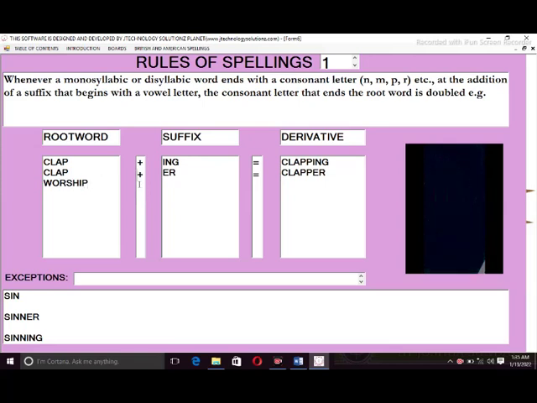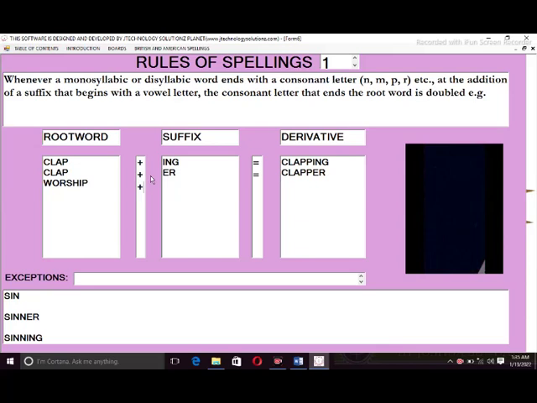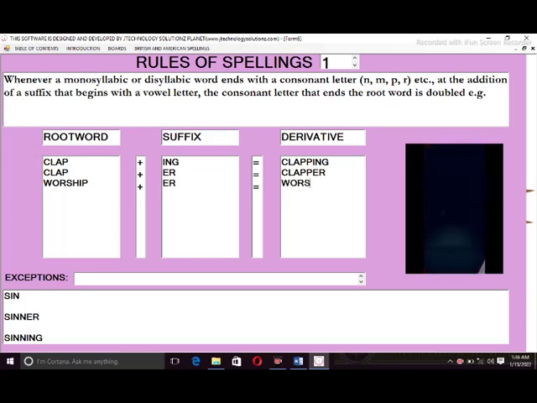So if we're adding, maybe, ER, we're going to have worshipper. So you can see that we have doubled the P. So that is what rule 1 is saying.